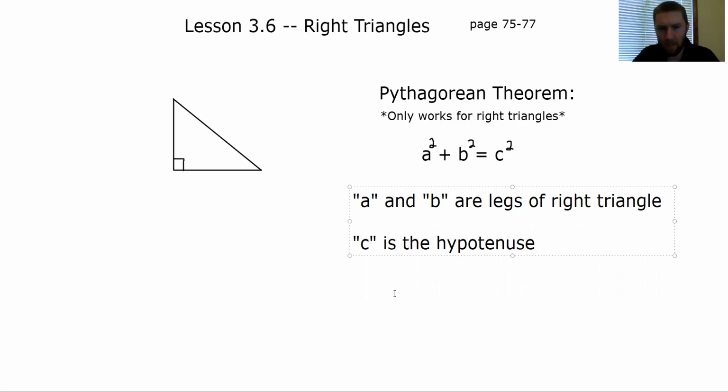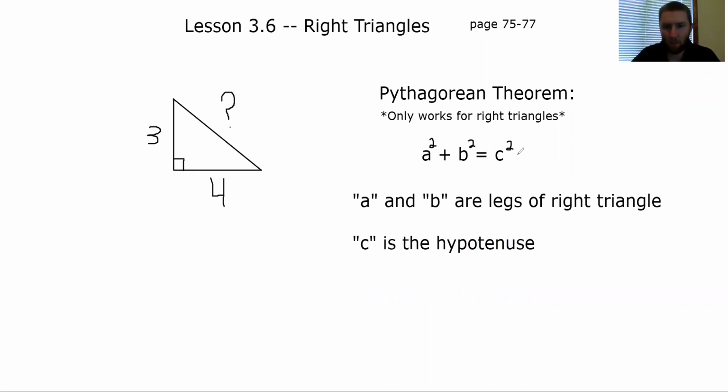If we look at an example and start to do some of the math, let's say that I knew this leg measured 3 inches, and this leg down here measures 4 inches. The question is, what is the length of this side right here, the hypotenuse?